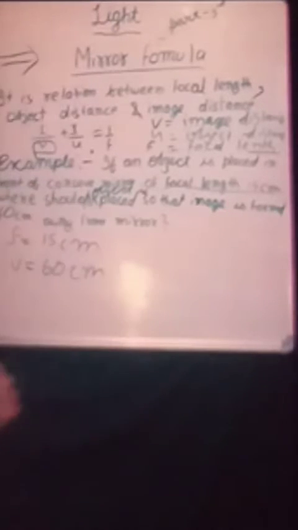We do not know where it is going to form, so let us see here. We have been given the focal length 15 cm and v as 60 cm, and we have to find u, the object distance.